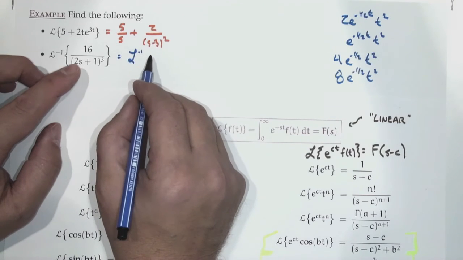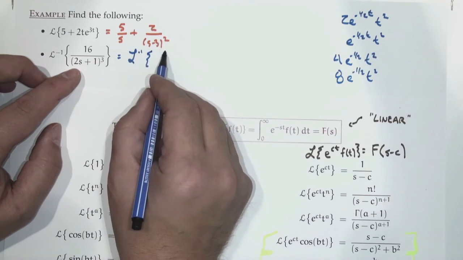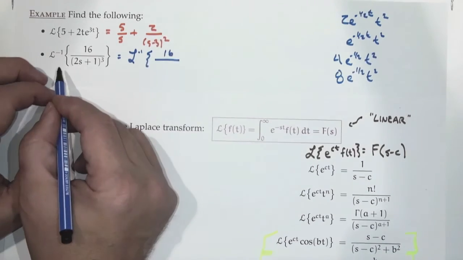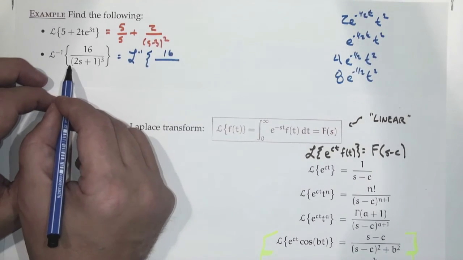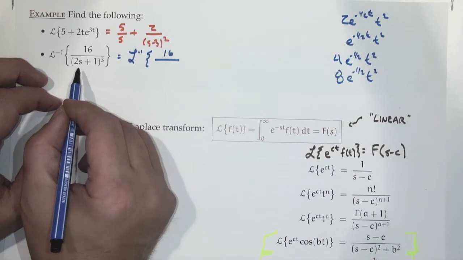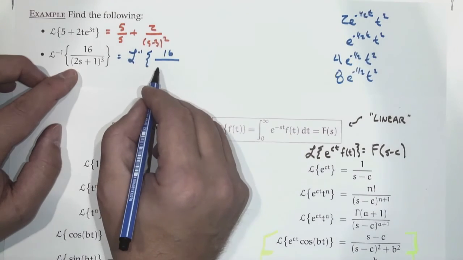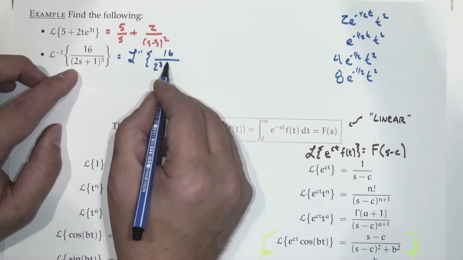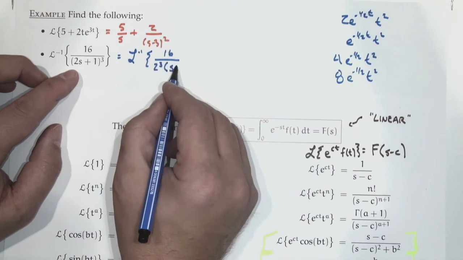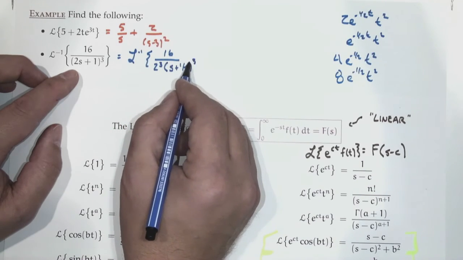Well, you have to be careful, not just a half. So I'm going to think about pulling a 2 out. If I pull a 2 out, it's not just a 2. It's really an 8, a 2 cubed, and then (s plus a half) cubed.